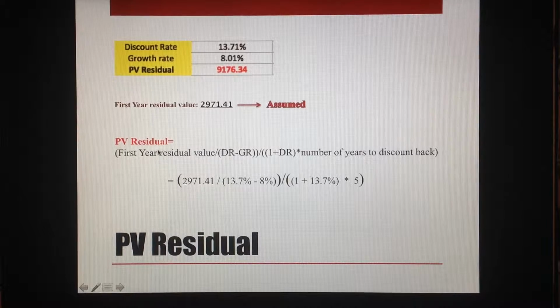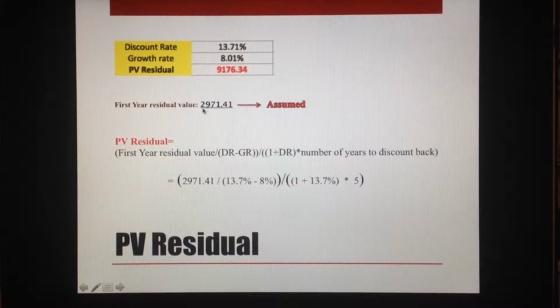Then I calculated the present value residual, the PV residual, by using this formula: the first year residual value divided by the discount rate minus the growth rate, all divided by 1 plus the discount rate times the number of years.